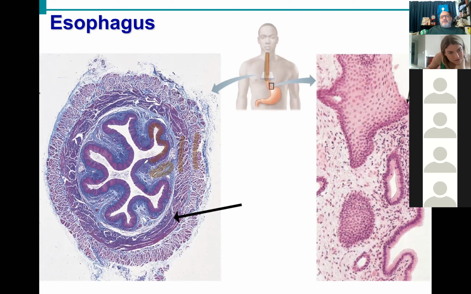True, we do expect it to be columnar at some point, but remember that columnar epithelial tissue starts from the distal third of the esophagus. I know this is a relatively low magnification, but hopefully you can tell this is pretty dense. If you like, you can cheat based on what you see over here. What type of tissue do you think is lining the proximal part of the esophagus?